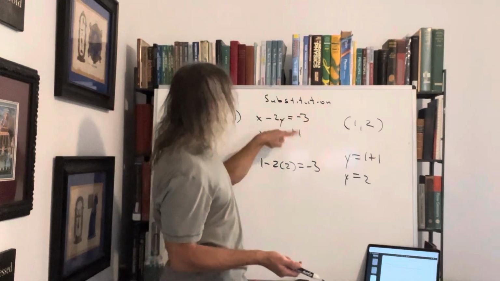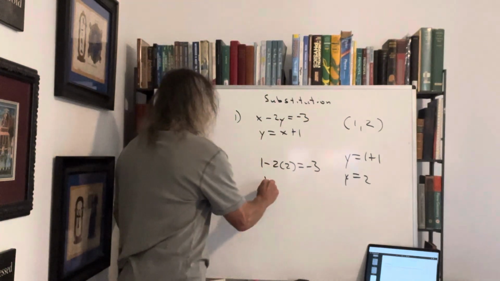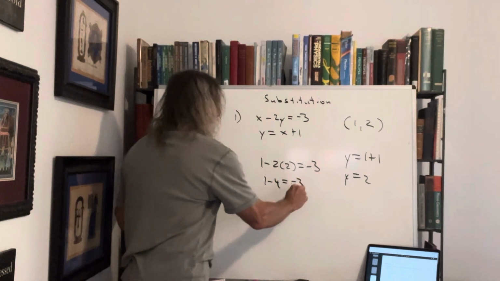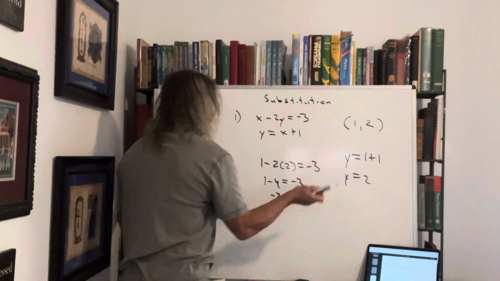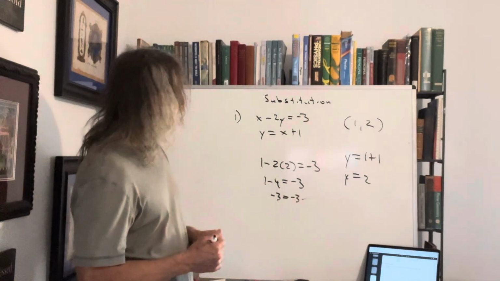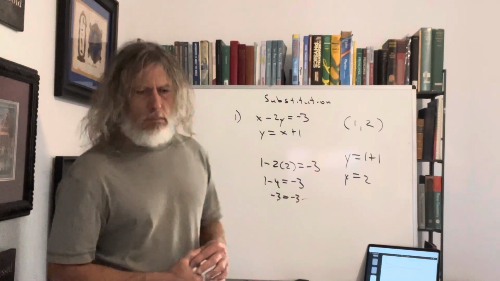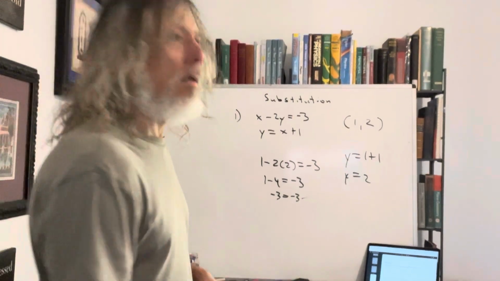Does this give us something that's really equal or not? 2 times 2 is 4. 1 minus 4 is -3. Check, it's good. I'll do another one. So this is how we do systems.